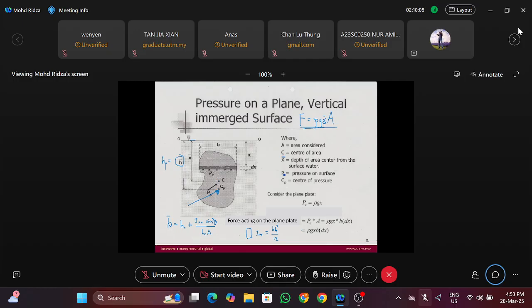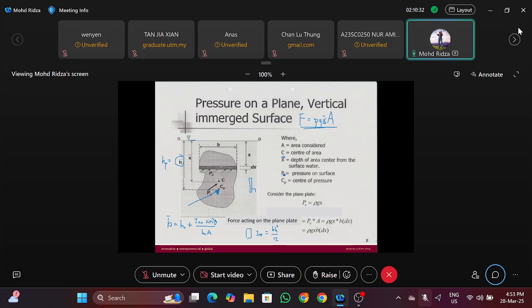So it depends on the shape of the object. And then sine square theta. Theta is the angle. If this object is at an angle, meaning if your gate is like this, so this is 90 degree. Sine of 90 degree is 1, so you can just use 1.